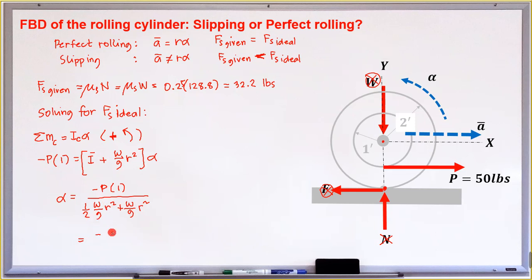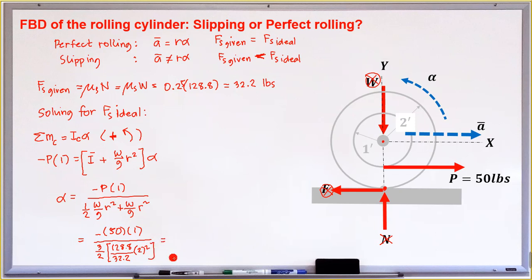So let's substitute. The value of P is 50 times 1, and then the denominator becomes 3 halves, and then the weight is 128.8 divided by 32.2, and then r here is 2, so 2 squared.